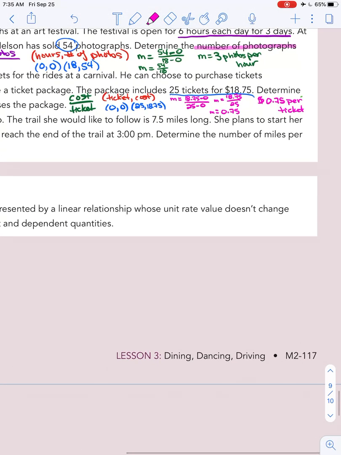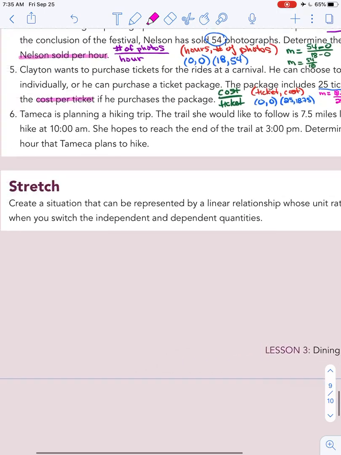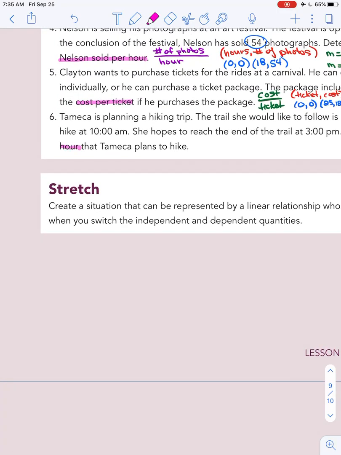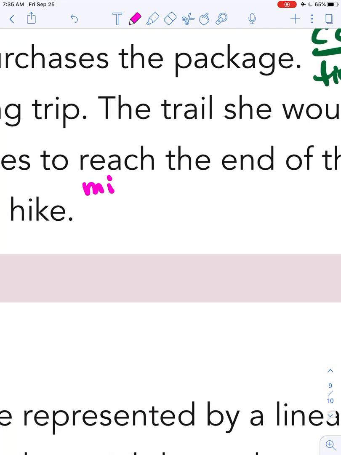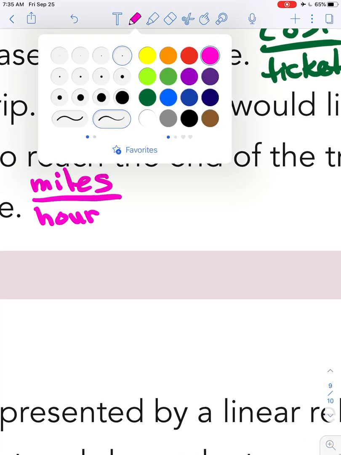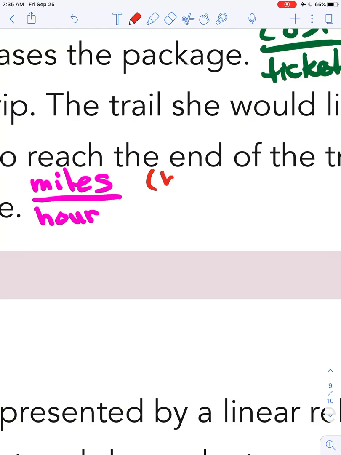Determine the number of miles per hour. So we're doing miles per hour. So when I set this up in my parentheses, my hours go first, my miles go second.